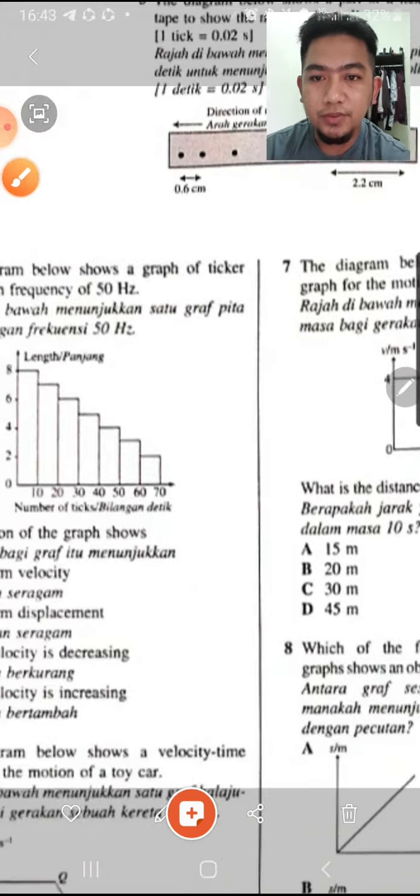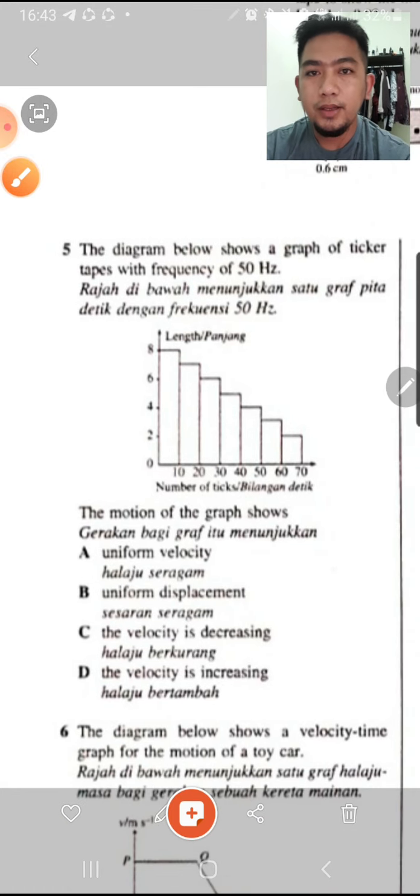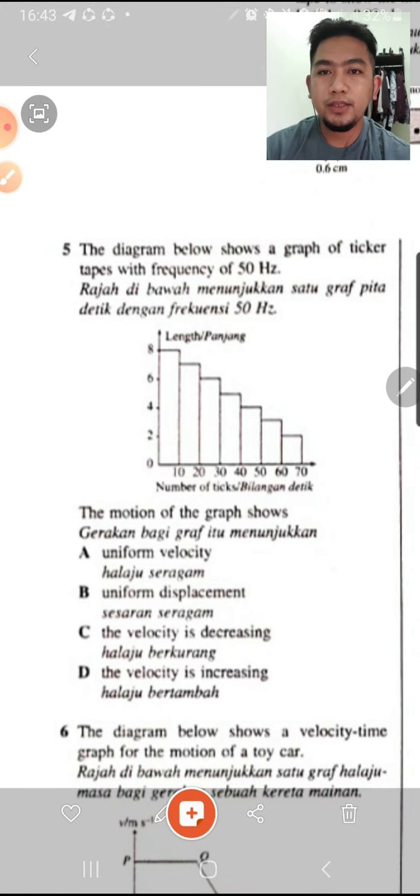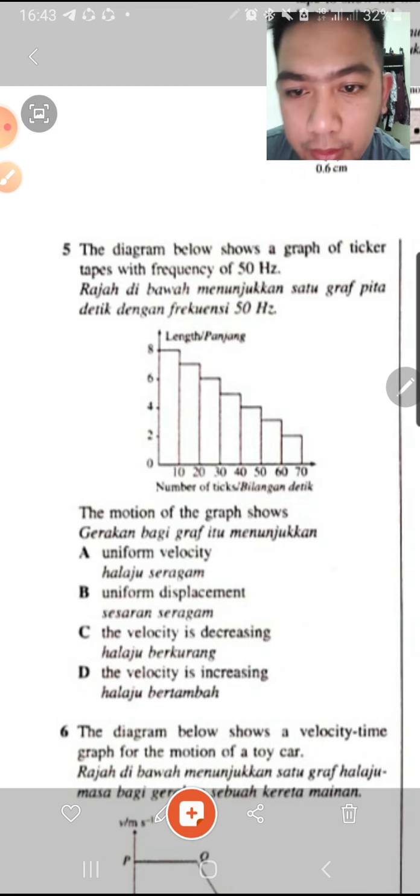Okay, let's continue. Question 5. The diagram below shows a graph of ticker tape with frequency of 50 Hz. The motion of the graph shows... So uniform velocity is wrong.